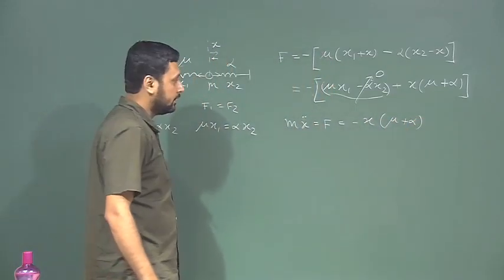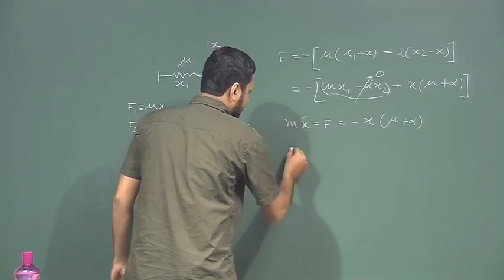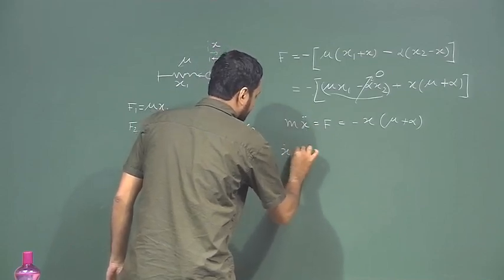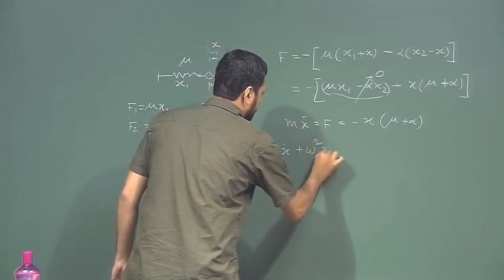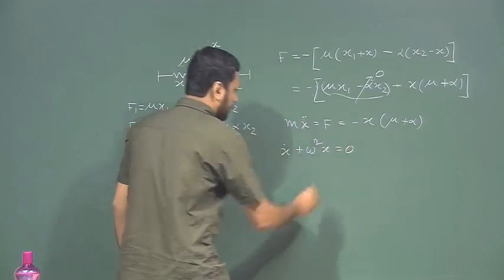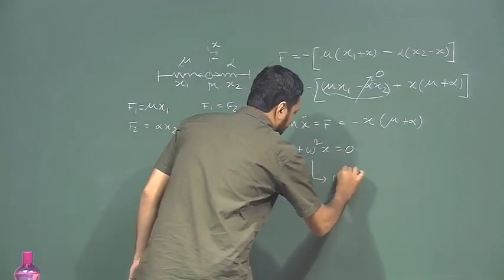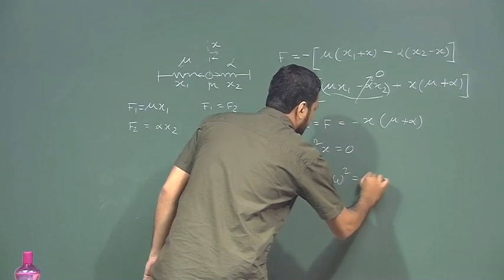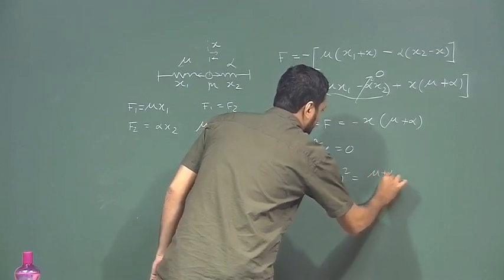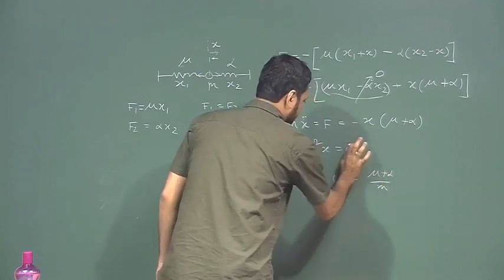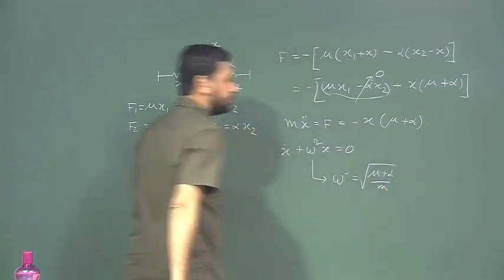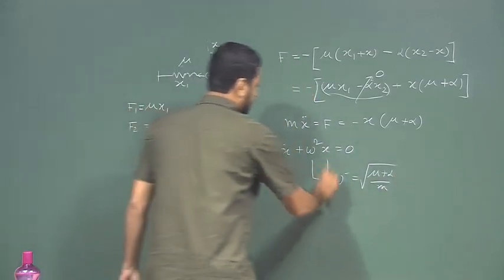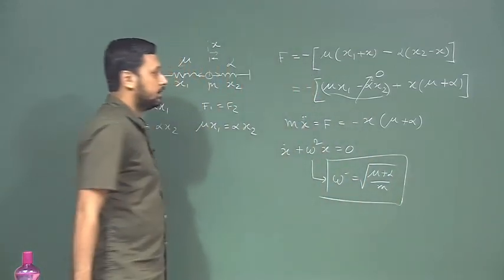Clear? We can compare it with x double dot plus omega square x equal to 0, and we immediately see that omega square is (mu plus alpha) by m. So omega will be this. Okay. So, this is your answer.